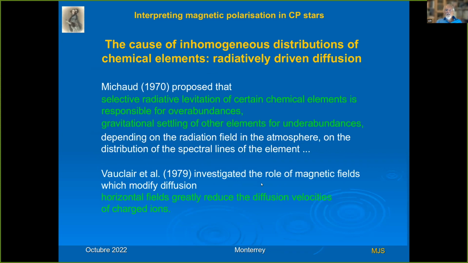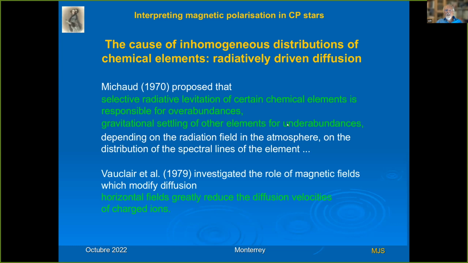Because of this inhomogeneous distribution of chemical elements, there had been discussions at the beginning how to explain it, and starting from the 1970s with Michaud, radiative diffusion has remained the only explanation. So Michaud proposed that selective radiative levitation, acceleration of certain elements, will lead to overabundances and gravitational settling for other elements that are not driven out by radiation.